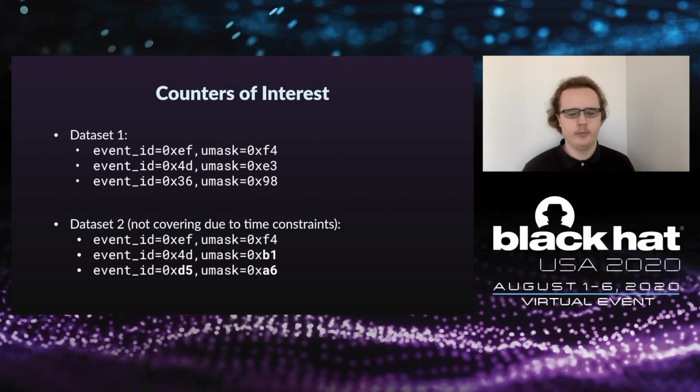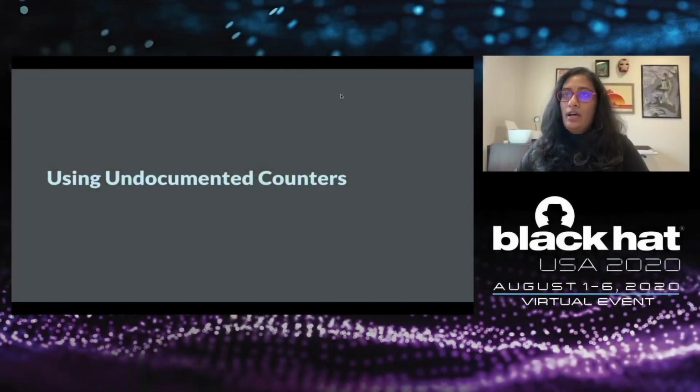The first one is one that we'll be covering from here on out. The second performed almost identically, but we just don't have time to cover both of them. And interestingly enough, you'll actually see one of the counters appears in both, which turns out to be a very significant counter.